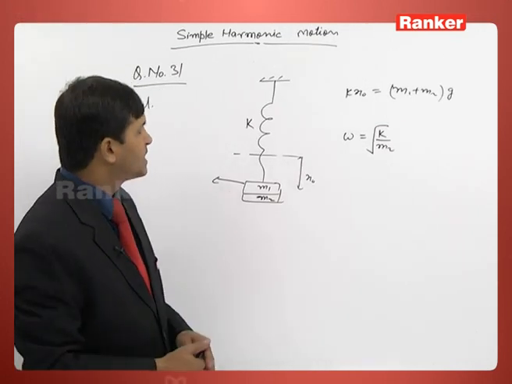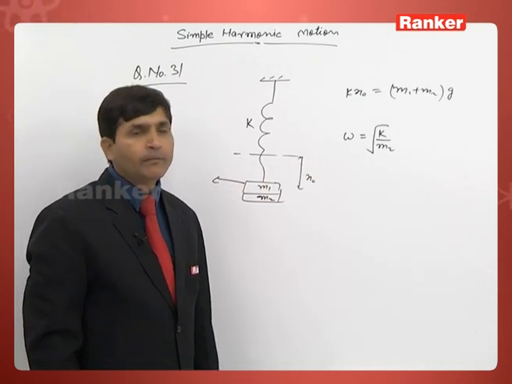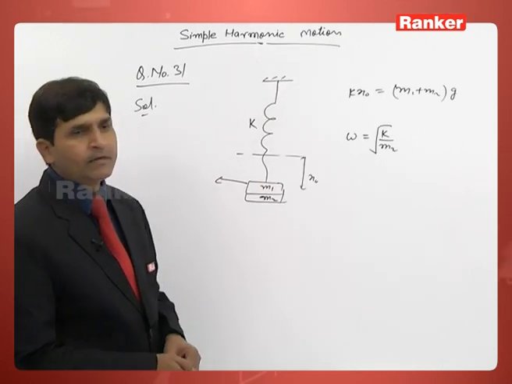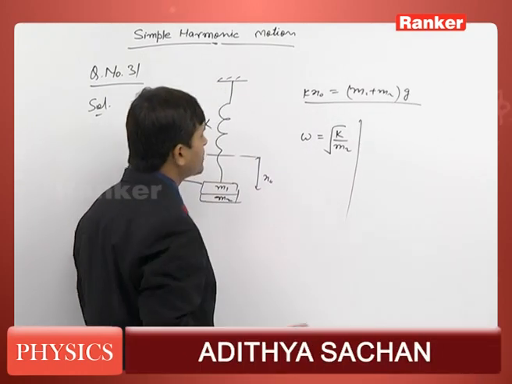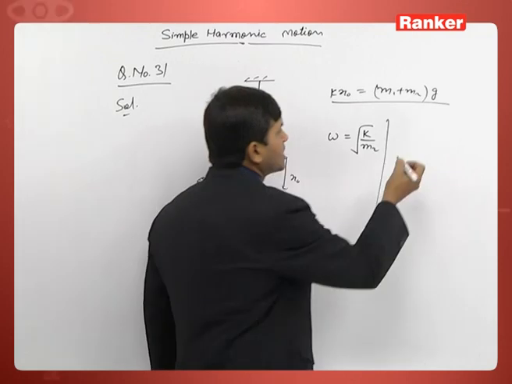Only from that we can get the amplitude. Amplitude may be different. If we are looking at the amplitude, then the case will be different. This is the initial elongation. But if I am talking about the amplitude, after removing M1, what is the mean position?